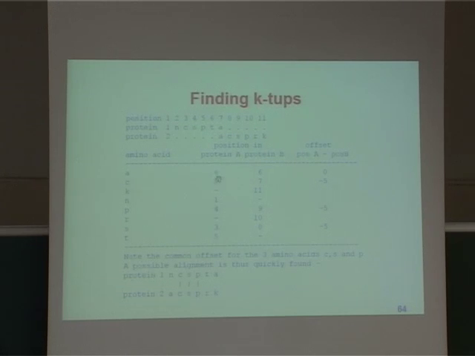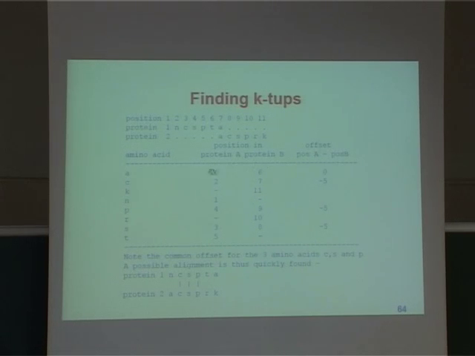We store the positions of these words in both proteins, and then if we have a matching region, we can see it as offsets that are going to be agreeing with each other. After we record the position of the occurrence of each word in both protein sequences, we can find out the deviation in this position between the protein sequences.